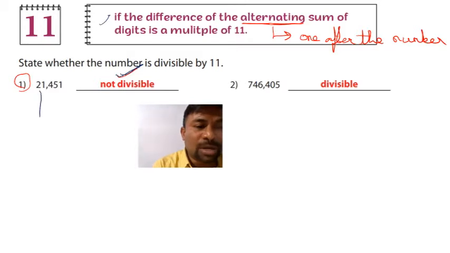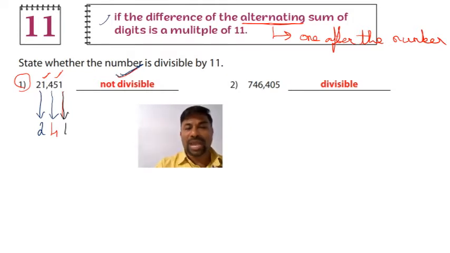The first number is 2, leaving 1. Then I took the other number 4 and left 5. Then I took the other number, 1. These are the alternating numbers I have taken.